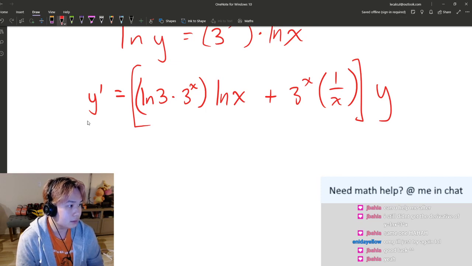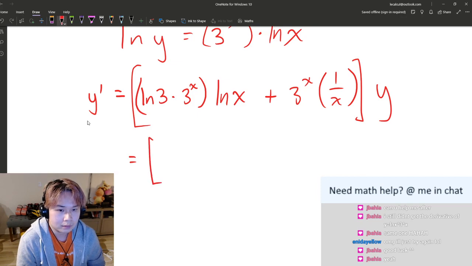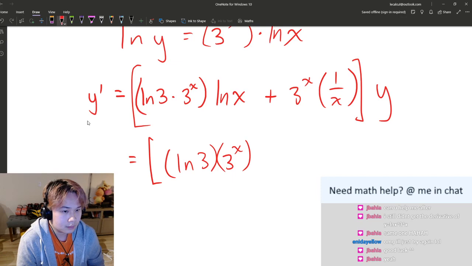And then, I don't know if you need to simplify this, but this should be your answer. I'll just write a bunch of brackets to be really explicit.